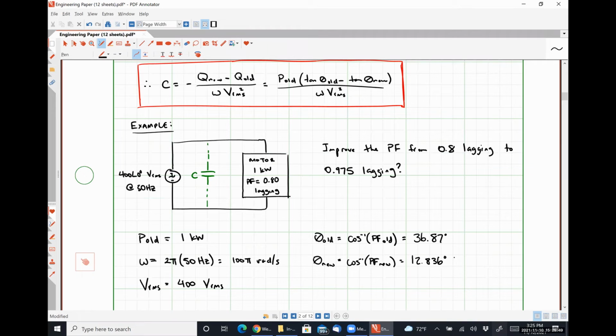Right now, because I have two lagging power factors, both of my angles are lagging. If I had a leading power factor, that angle would have to be negative, because negative power factor angles always give us a leading power factor. So if we were specified with 0.975 leading, we put a negative sign here, which translates to a negative sign there. That is literally the only difference whatsoever.